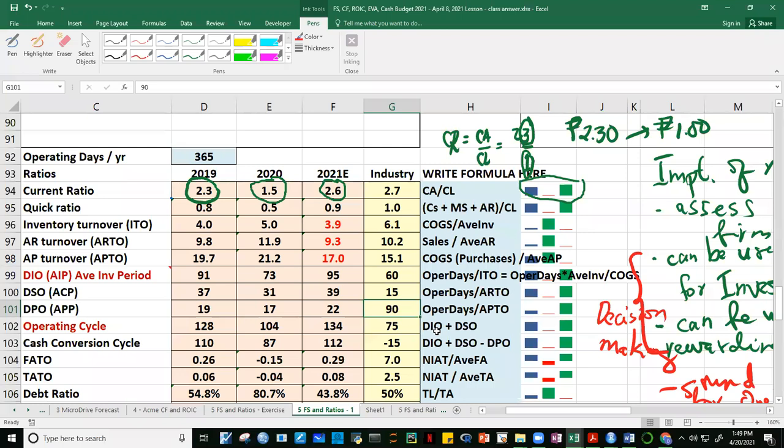Kasi parang dadaan ka sa butas ng karayom bago ka maging customer ni ABS. Parang ganon. So companies are willing na bigyan natin ng magandang terms para lang maging customer tayo ni ABS. No? Unfortunately, sometimes guys, naaabuso yung ganyan. No? Mamaya, magbibigay ako ng explanation kung bakit naaabuso din yung ganyan.